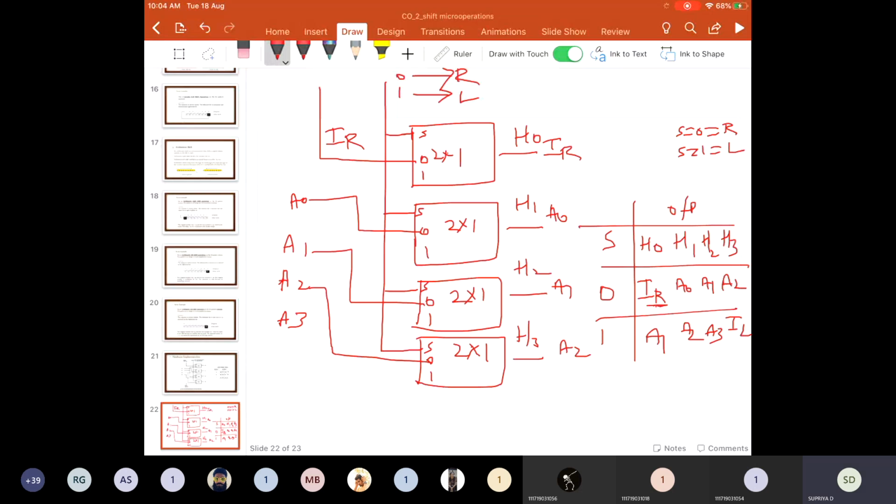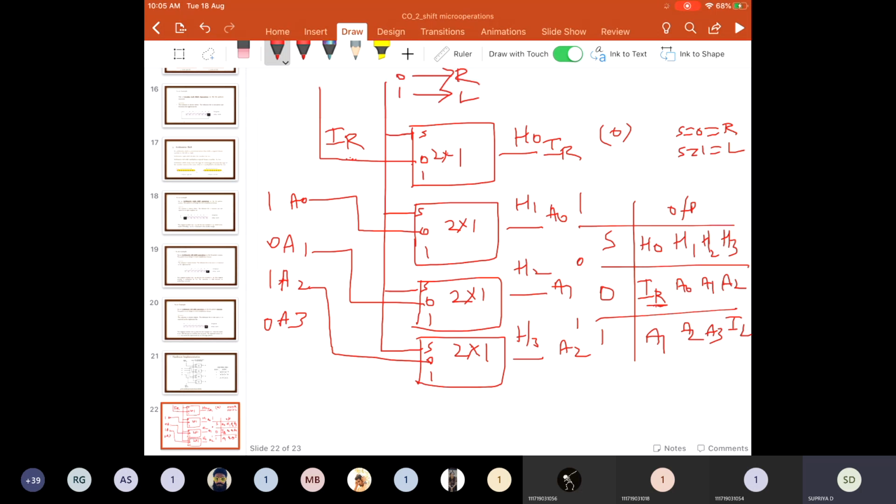Serial input is given for the first multiplexer, and the remaining bit positions are whatever you have. For example, you have 1010 here. Whatever the IR is, it can be a 0, it will be inserted, and 0101 will be the output after the shift right operation.